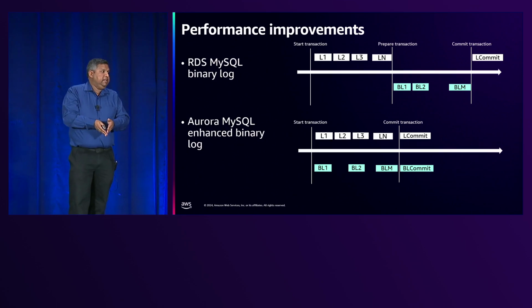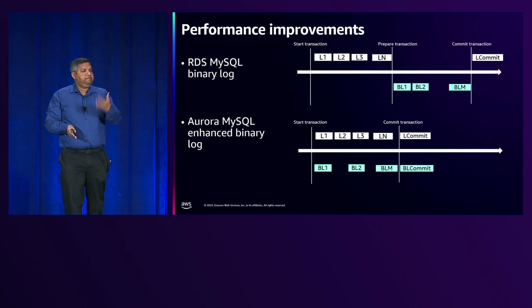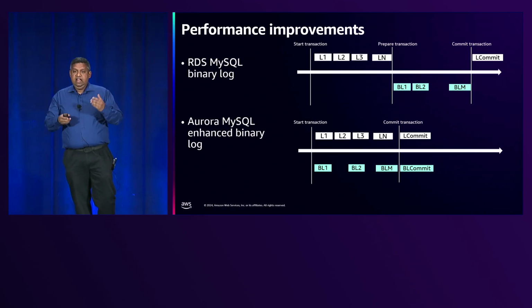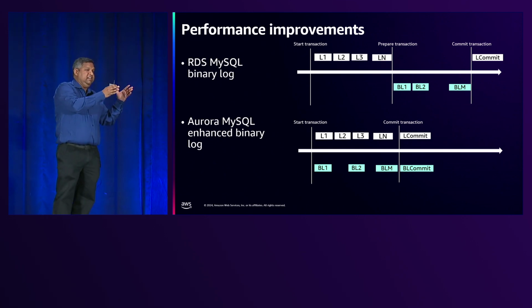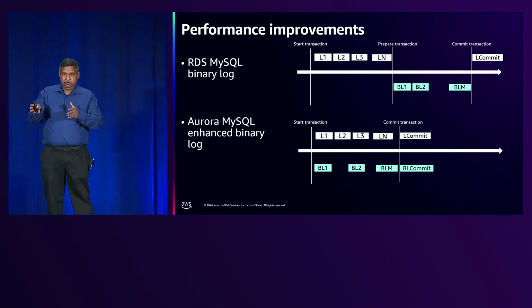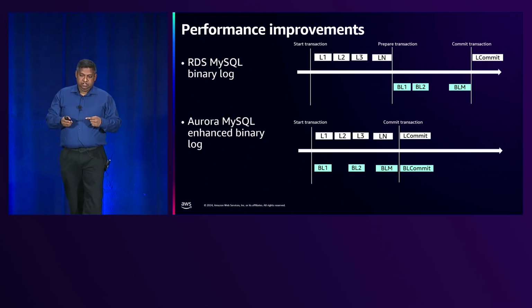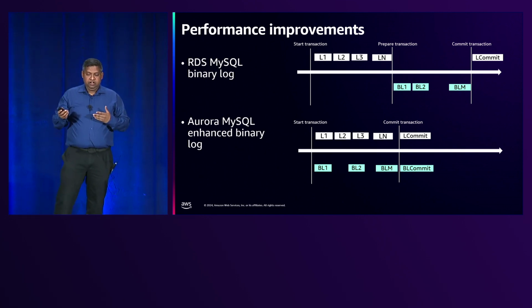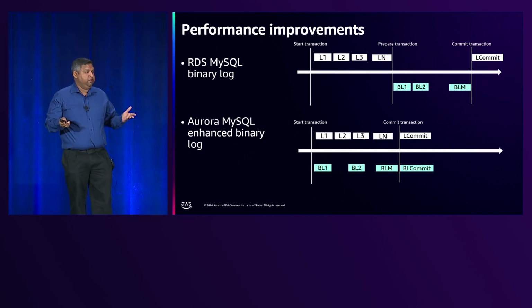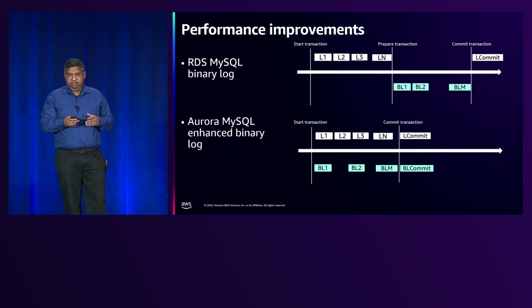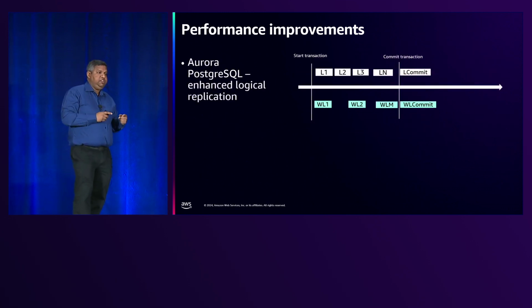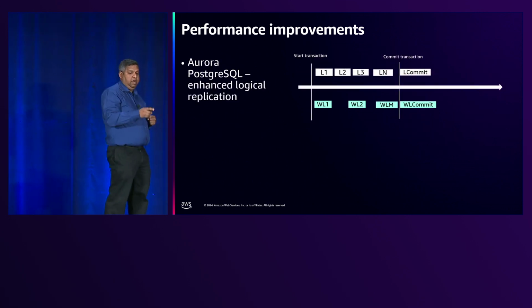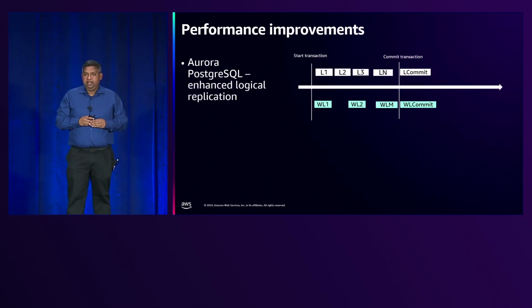And when you commit, it results in a much faster replication to Redshift. This work was done primarily to speed up the data movement from Aurora to Redshift. This helps us achieve the 1.4 million transactions per minute support in zero-ETL. It makes it pretty fast to get all your data visible in Redshift. Similar changes have also been done on the Aurora Postgres enhanced logical replication.